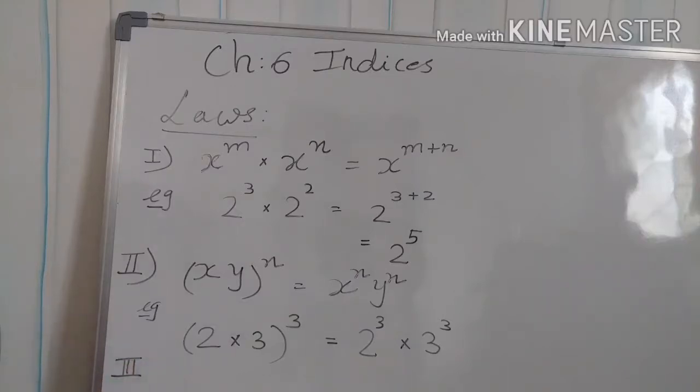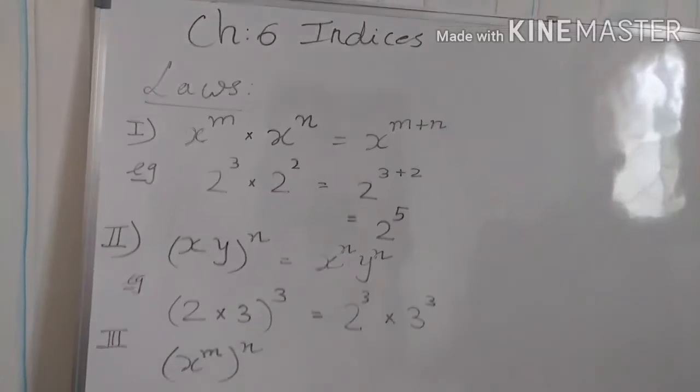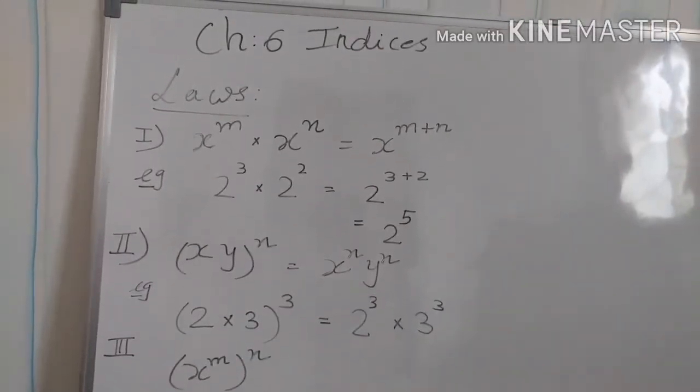Now our third law. In the third law it will be power of power, like x raised to m, power n. Here one base is there, but we have x raised to m power n.